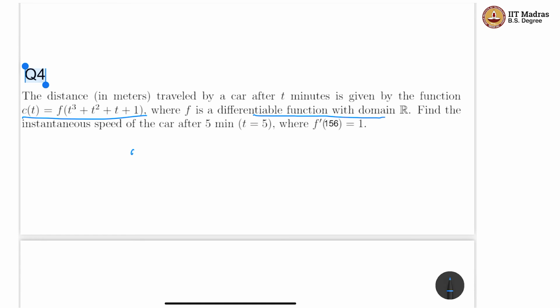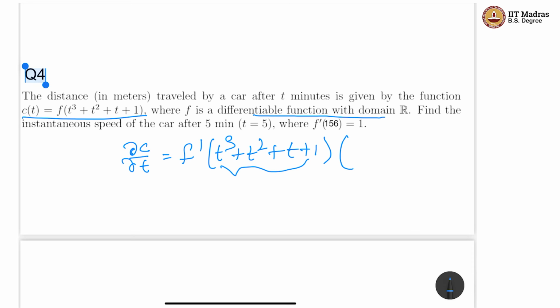So then the speed will be basically dc by dt, which is f dash of (t cube plus t square plus t plus 1). Here we are applying the chain rule, so we have to differentiate this function. Then we will get 3t square plus 2t plus 1.